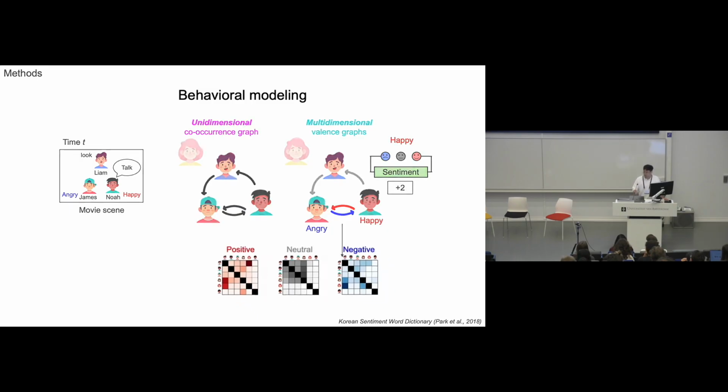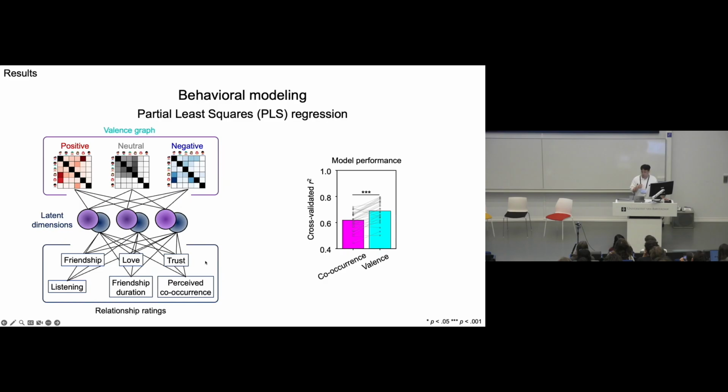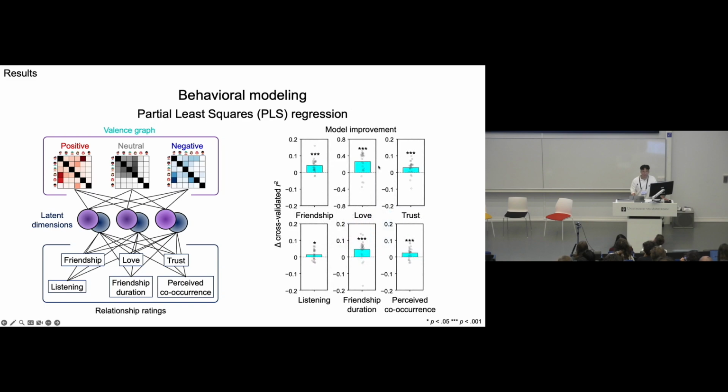We aggregated these graphs over time and built a partial least squares regression model to predict these six-dimensional relationship ratings. Compared to a previous unidimensional co-occurrence model, valence graph-based modeling predicted relationship ratings better, especially for the love dimension.